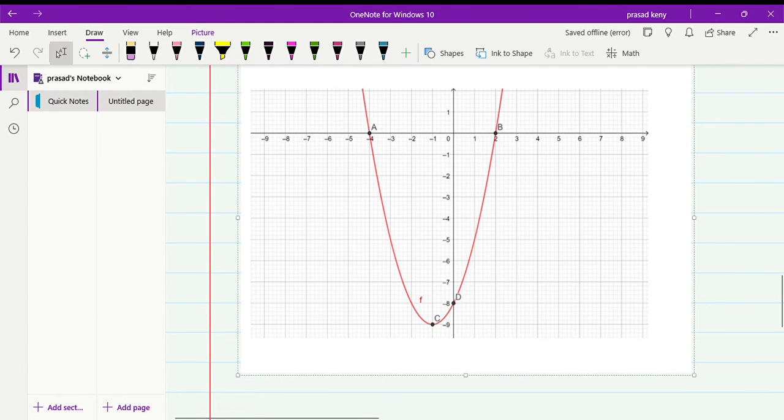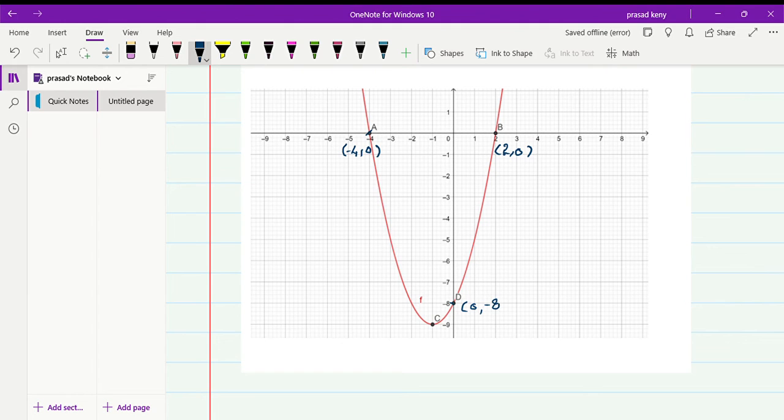Now, as you can see here, the x-intercepts are negative 4, 0 and 2, 0. Then the y-intercept here is 0, negative 8, and the vertex is negative 1, negative 9.